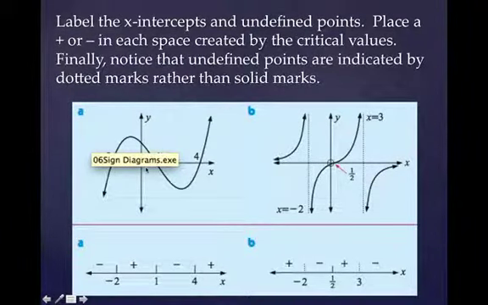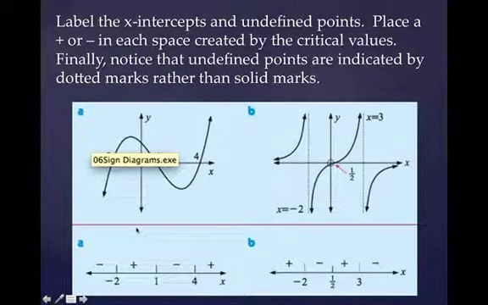Oh, wonderful picture. Anyway, so here we've got a function, looks like a cubic function, and it passes through the x-axis at these 3 points. All right, and they're labeled here. We can't see it, but that's a -2, and that's a 1, and that's a 4. So those are the only 3 points that we need to indicate on our sign diagram.